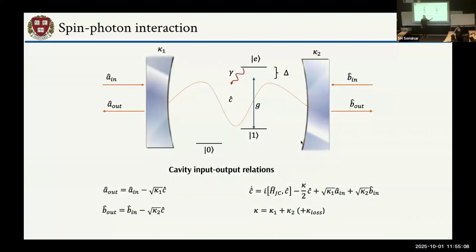How does this look? This equation, when you plug in the Hamiltonian and work out the terms, what equation of motion do you get for the cavity field operator? Question? Answer? All right, nice. Then please come up and write it.